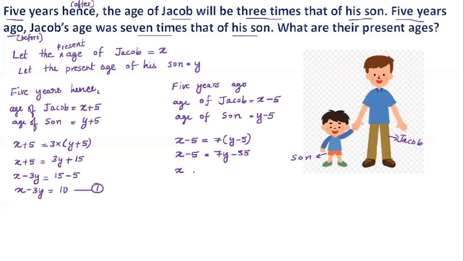So x minus 7y is equal to minus 35 plus 5. So x minus 7y is equal to minus 30. This is the second equation. Now you can solve this by elimination method.